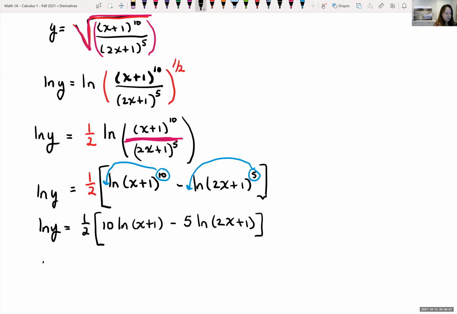So now let's go through and take the derivative of both sides. When we take the derivative of both sides, though, notice that on one side we have a natural log of y, and y is a function of x. So we're going to have to use implicit differentiation here. So I'm just rewriting this.